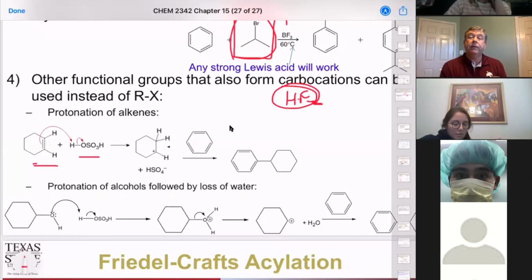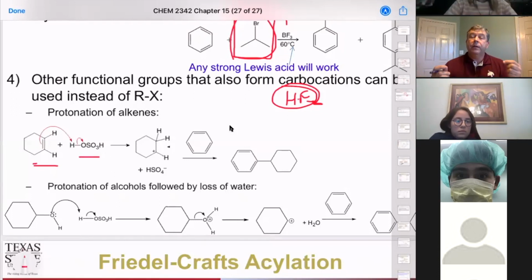Okay, the same can happen for an alcohol. We don't have to convert it from the alcohol to the alkyl halide using thionyl chloride or phosphorus pentachloride. We can actually use the acidity of the Lewis acid to protonate the alcohol and have it leave as a leaving group and generate our carbocation. So this is an unusual way to do a Friedel-Crafts reaction.